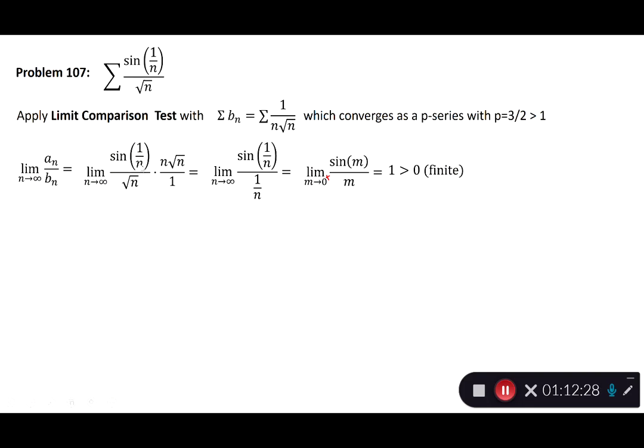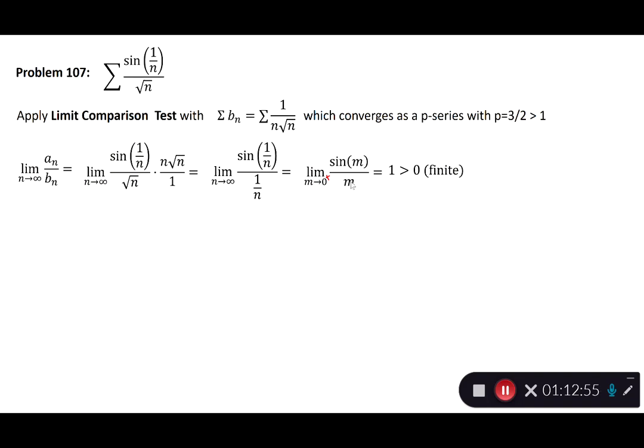Notice when you apply the limit comparison test, the square root of n cancels out with the square root of n, leaving us with that n. We want to be left with an n. Let me repeat. We want to be left with an n so that we can write that leftover n as 1 over 1 over n, and then apply this concept.